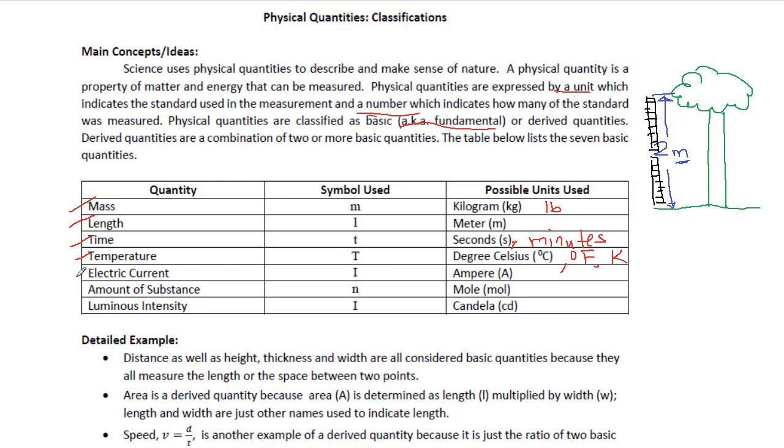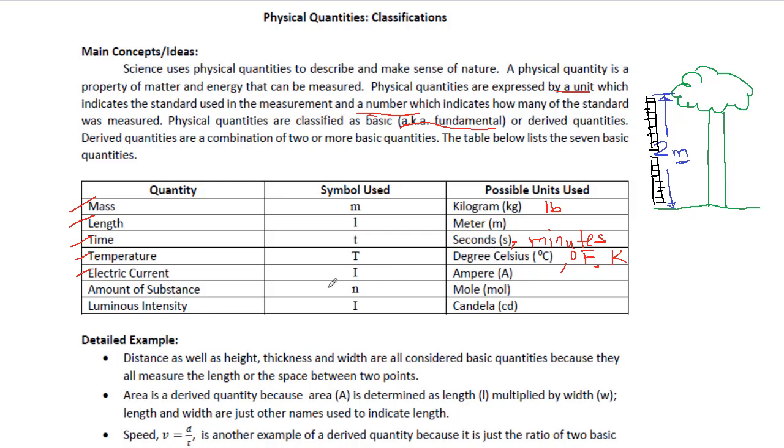Electric current: if we deal with higher physics already, then you'll encounter electric current, how much current is flowing per unit time. And the unit here is ampere, the standard unit.